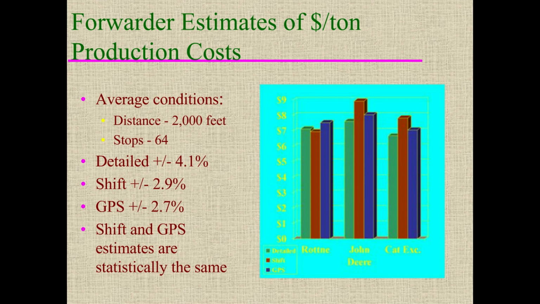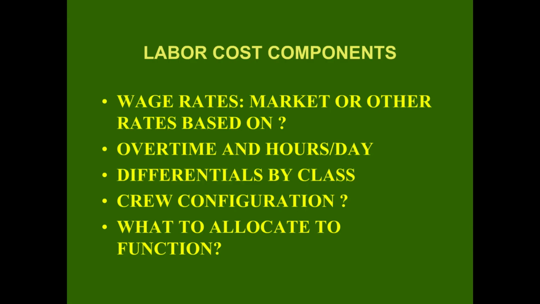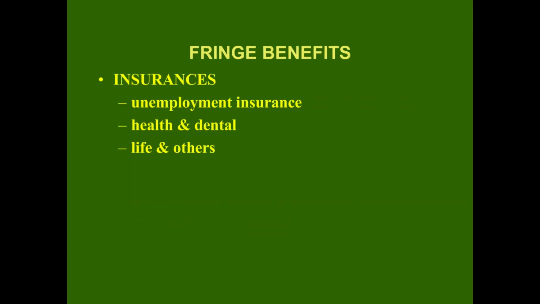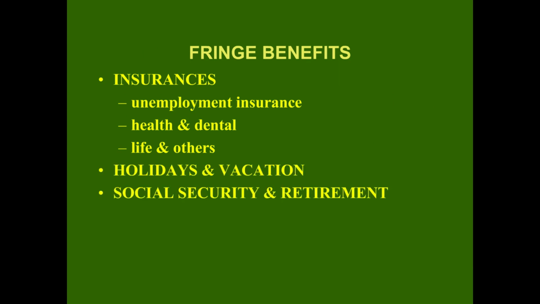So the other part that we have in our cost picture is the wage rates that we have for our operations, but we have to account for the labor as part of our calculations, so we'll see that. Holidays, vacations, Social Security, any retirement plans that are available are part of the fringe benefits.